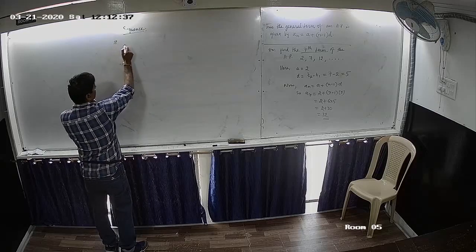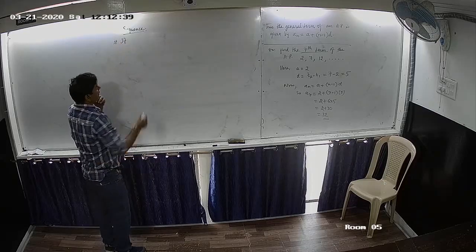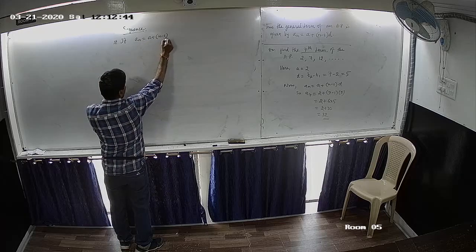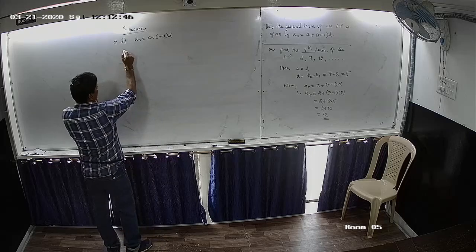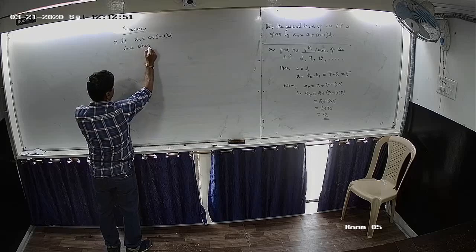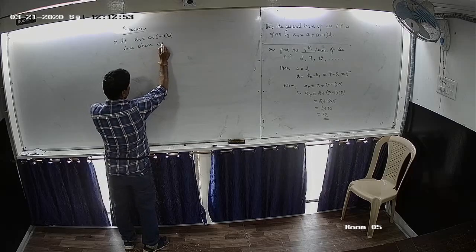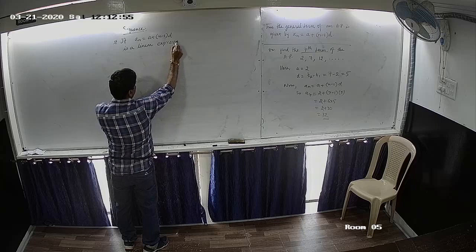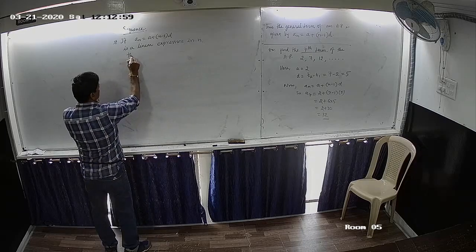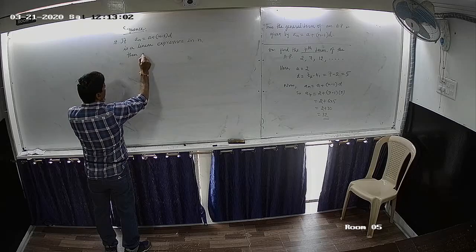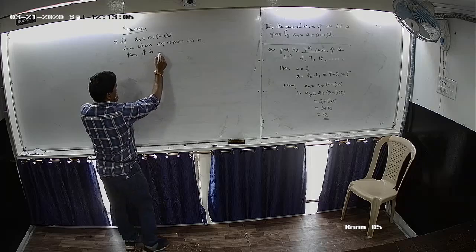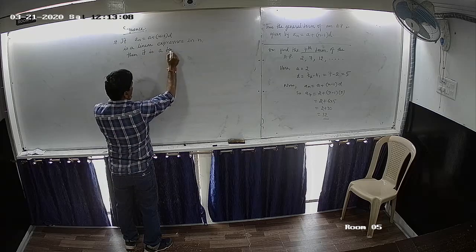Now, there is a result here: if an is equal to a plus n minus 1 into d is a linear expression in n, then it is a term of an AP.